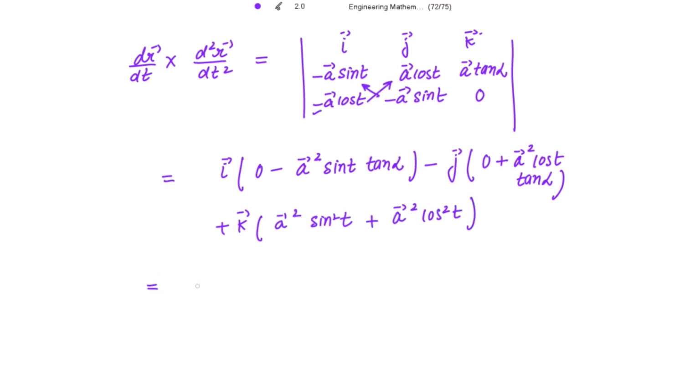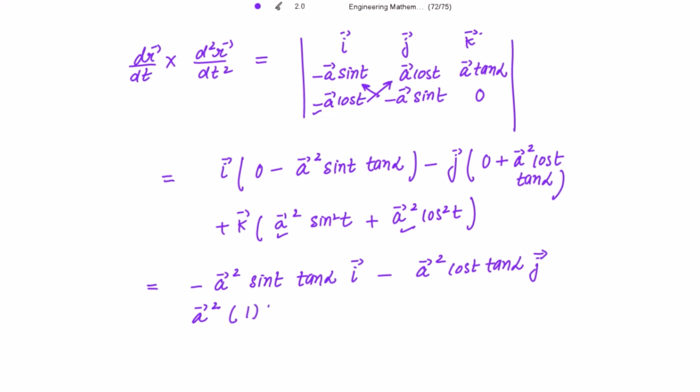So we have here minus a vector square sine t tan alpha i vector minus a vector square cos t tan alpha j vector, and if I take a vector square outside of this bracket, I will have the identity sine square t plus cos square t is 1.